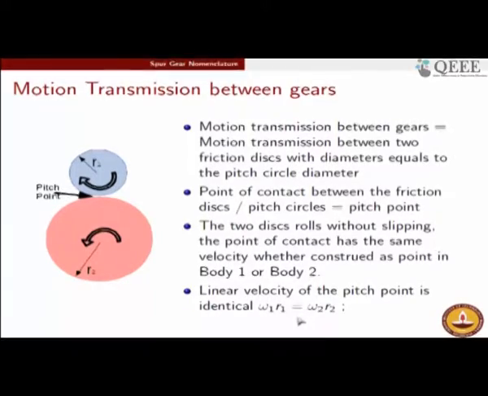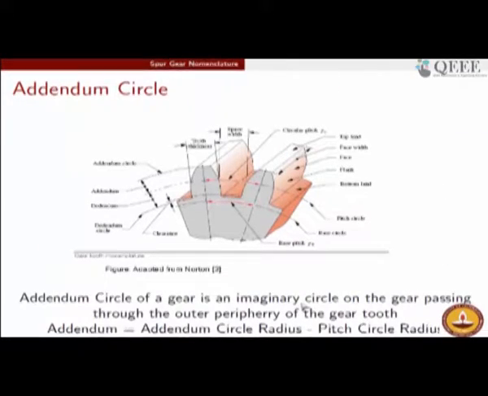So, the physics of the motion transmission is completely different between the friction disc and the gear. However, the mathematics turns out to be equivalent, that is, in both cases we have omega 1 r1 equal to omega 2 r2. Okay. So, that is about motion transmission between gears, which is with reference to the pitch circle, not any other circle.